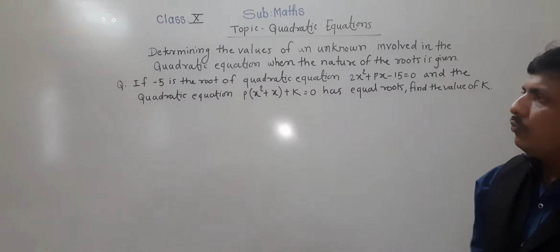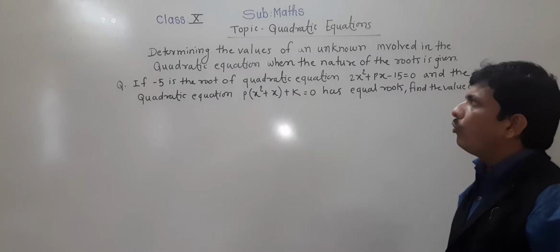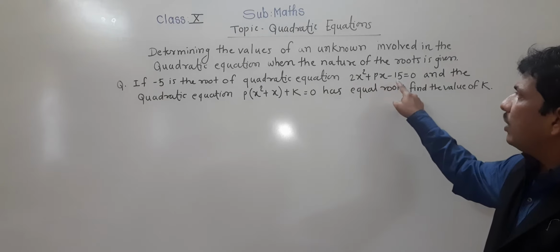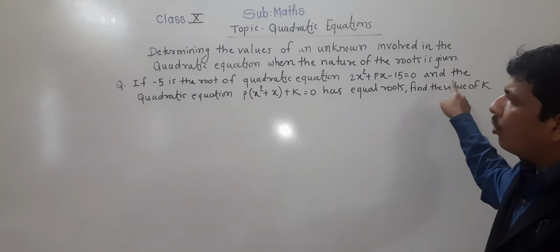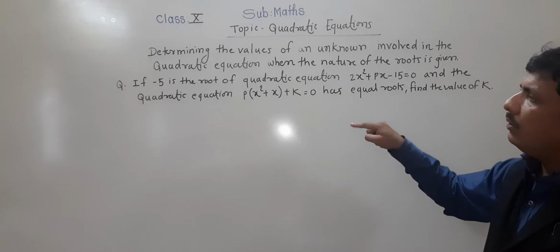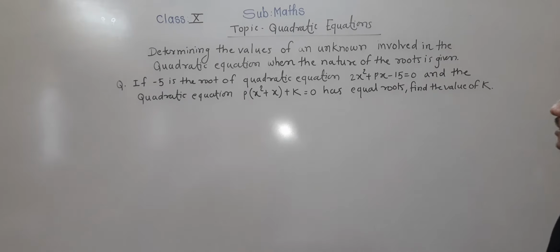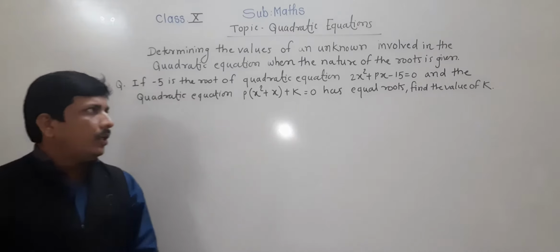So see carefully here. If minus 5 is the root of the quadratic equation 2x square plus px minus 15 is equal to 0, and the quadratic equation p into x square plus x plus k is equal to 0 has equal roots, find the value of k. Now see here.